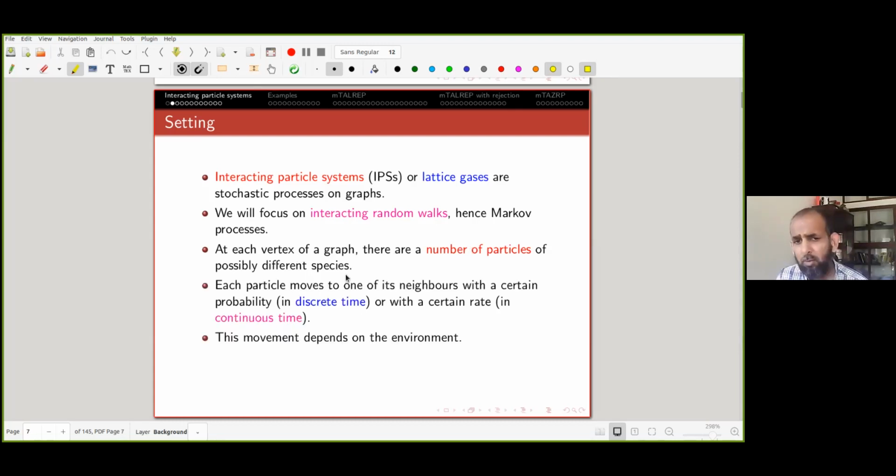And each particle will move to one of its neighbors with a certain probability when you're thinking of a discrete Markov process, or with a certain rate for a continuous Markov process. And this movement will depend on the environment. So in other words, it depends in principle on the configuration of particles in the rest of the graph. And particles can also be born or die stochastically at certain vertices. So this is the rough setting.